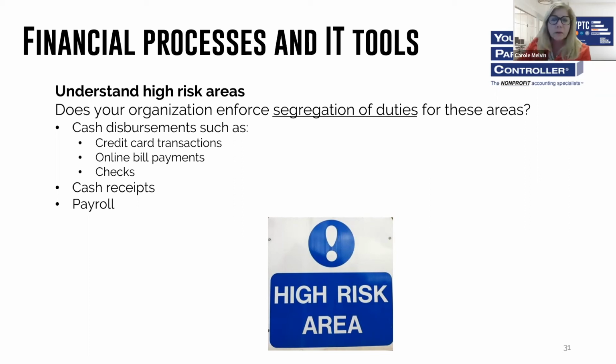So always have it to look at. It's not just external. We used to always be focused on helping prevent and detect fraud internally, and now with all these scams, we're looking externally. But don't forget to look internally as well. This is again technically a case of wire fraud. So look at all those high risk areas where cash is involved and payroll is involved.